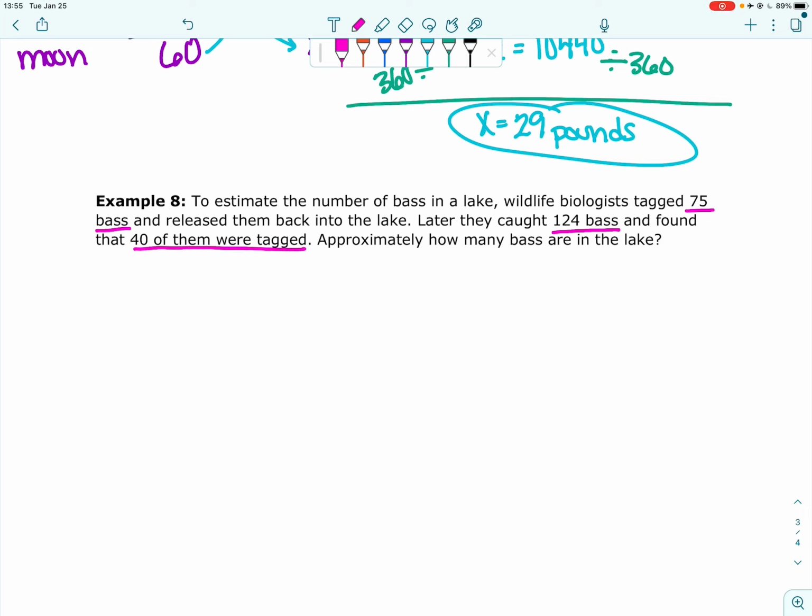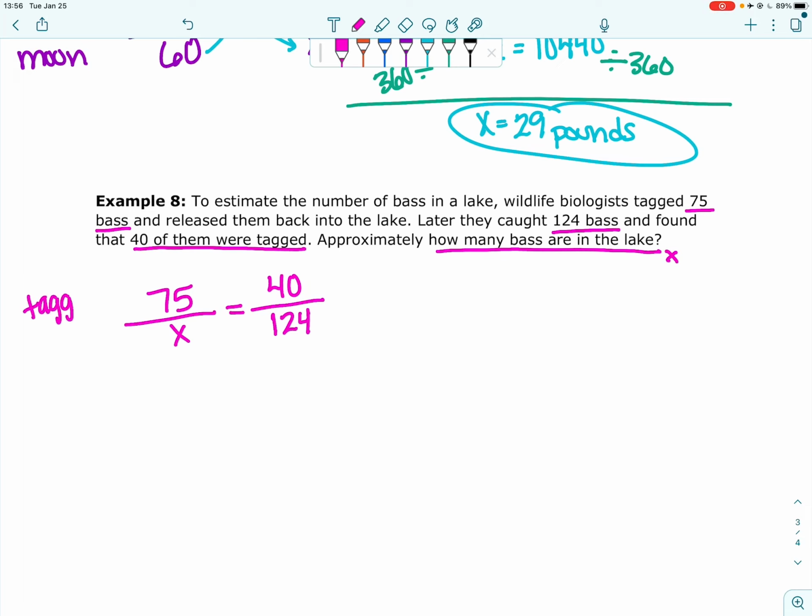So they tagged 75 out of, I don't know how many. How many bass are in the lake? I don't know. Maybe? And then later, they found 40 tagged bass out of the 124 that they caught.